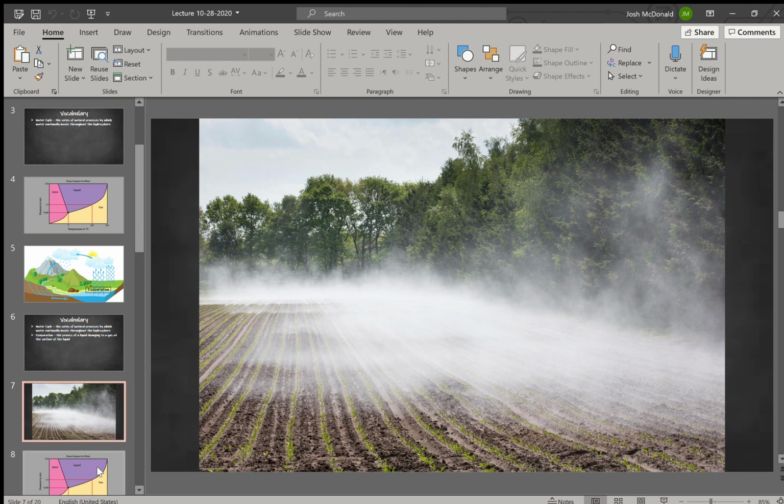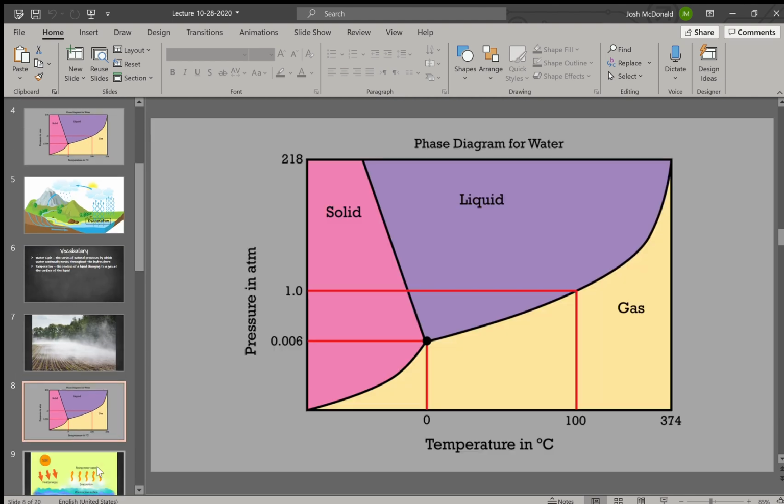But here's what's happening in evaporation. You have water changing from a liquid to a gas. It's not 100 degrees outside, but what's happening is that water at the surface is getting enough energy to break away from the rest of the liquid and become vapor, become gas.